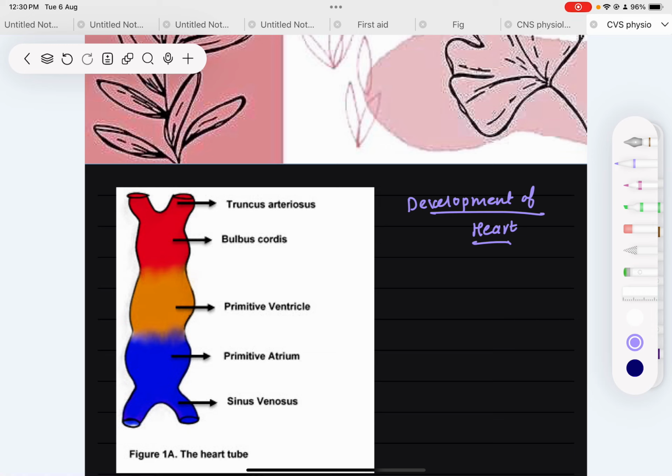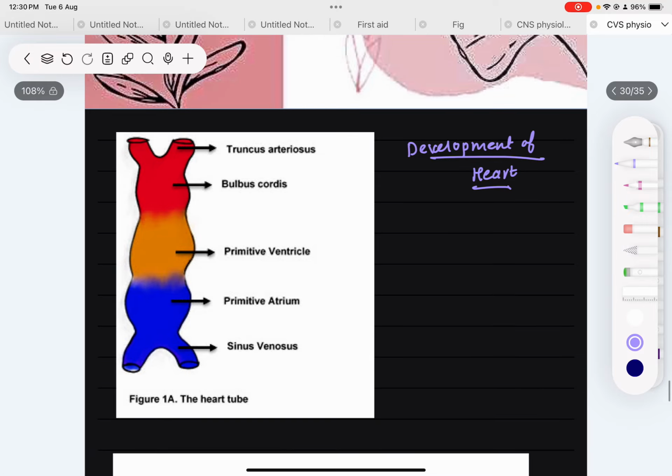The cloacal membrane will form the anal part, and the prochordal plate will form the cranial part. Now between this prochordal plate and the septum transversum there will be the cardiogenic area, and this cardiogenic area will be useful in the development of the heart.